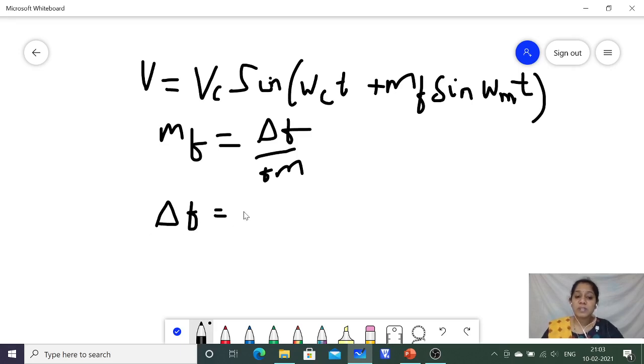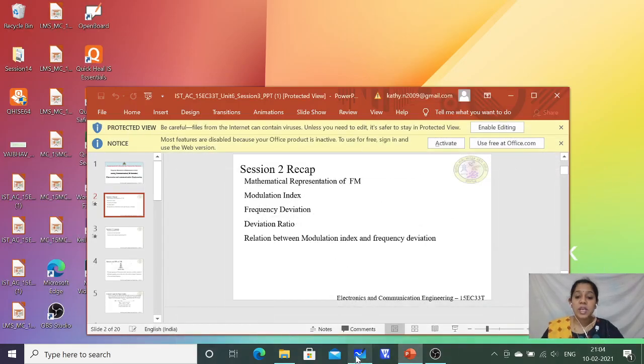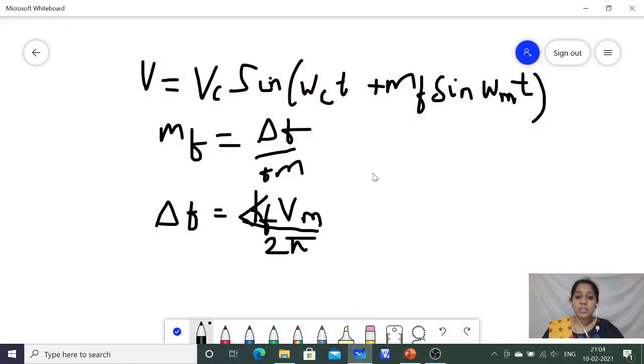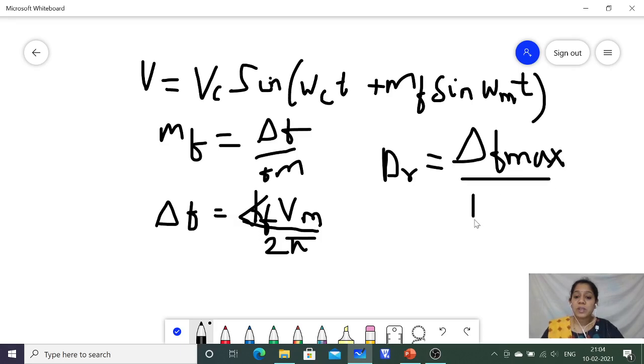So the frequency deviation is equal to Kf, the frequency sensitivity, times Vm, divided by 2 pi. And we have also discussed the deviation ratio. The deviation ratio, DR, is equal to the maximum frequency deviation to the maximum modulating frequency.